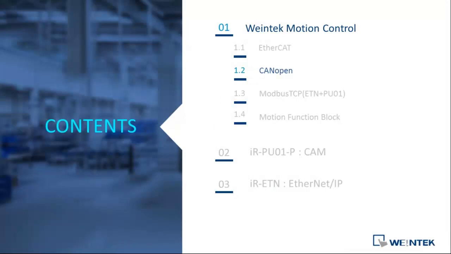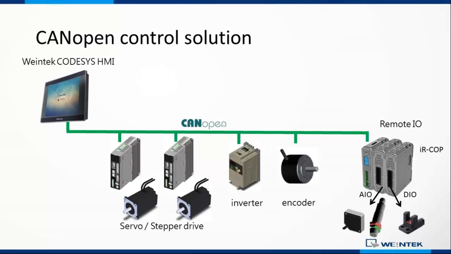Moving to the CANopen protocol. On CANopen, you may think the solution is very similar to EtherCAT. Yes, that's right, because EtherCAT is like CANopen working on Ethernet, and both protocols can control a servo motor, inverter, encoder, and third-party devices.